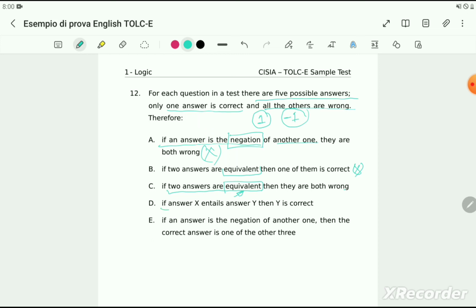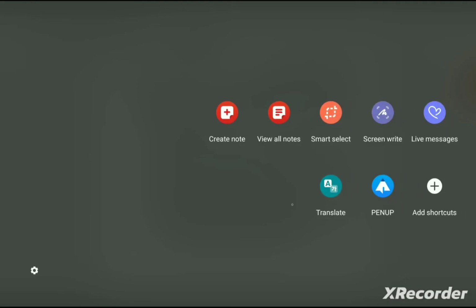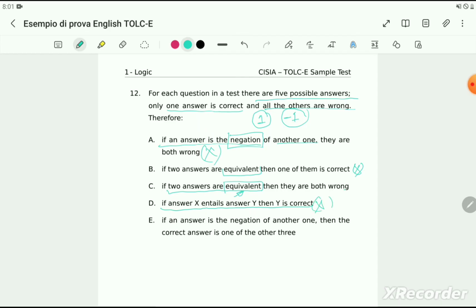Let's read out. If answer X entails answer Y, then Y is correct. We cannot say like that. Entails means if X results in answer Y, that means X is an event that makes Y, here is the effect, here is the result, kind of thing. They have a relationship, then Y is correct. No condition given like that. If an answer is the negation of another one, then the correct answer is one of the other three.